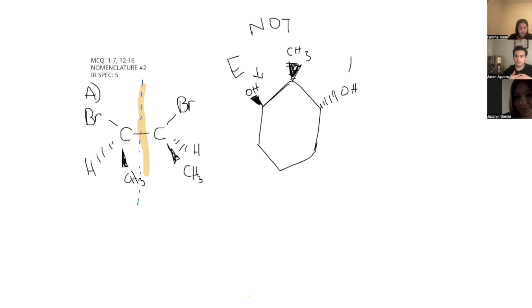I think it is a little confusing though, sometimes converting the chair back to a normal cyclohexane. I think it is good to remember: when something is pointing up, like this up axial, that just means it's a solid chunky line.